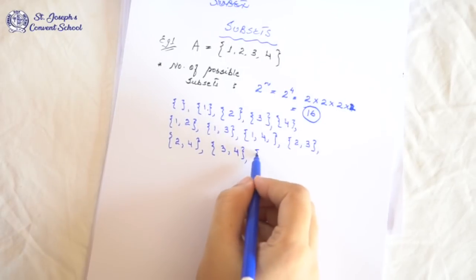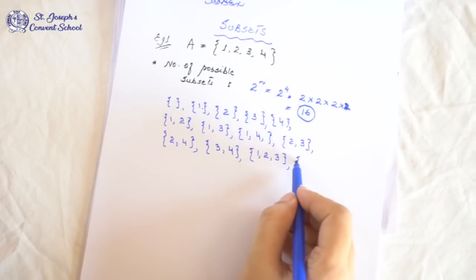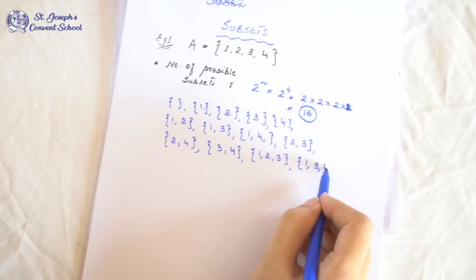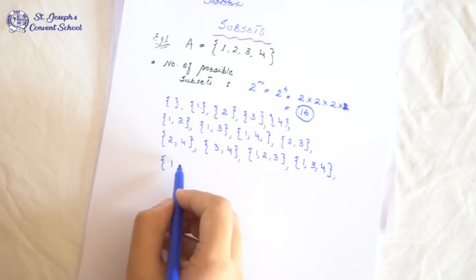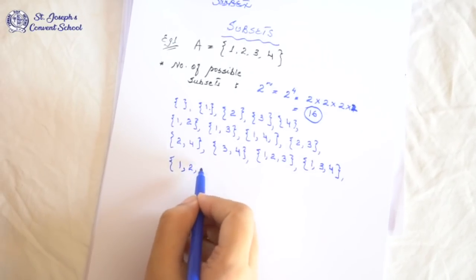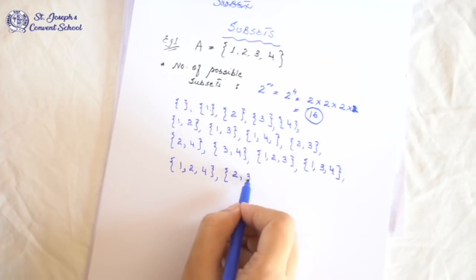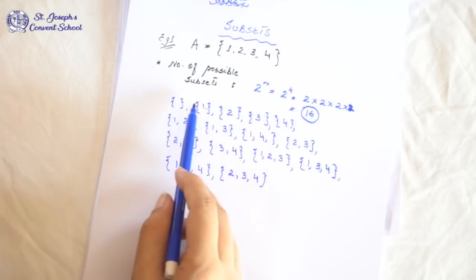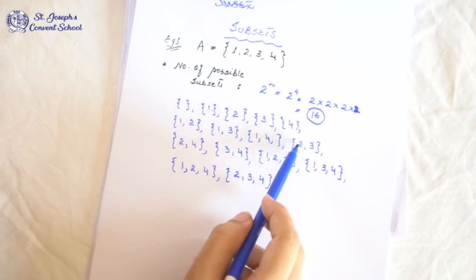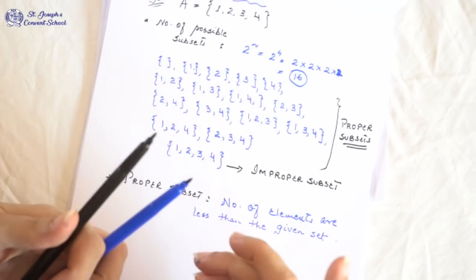Then take 3 elements: 1 2 3, then 1 3 4, then 1 2 4, then 2 3 4. All possible subsets you have to make. Now how many are these? 1, 2, 3, 4, 5, 6, 7, 8, 9.